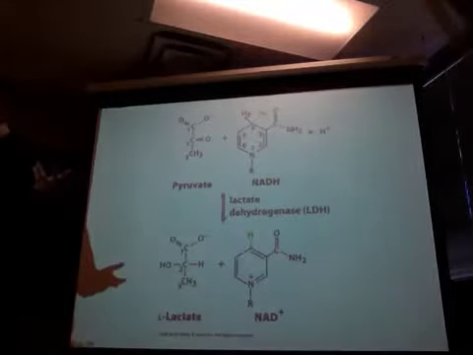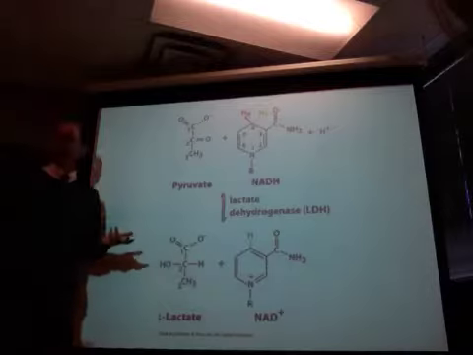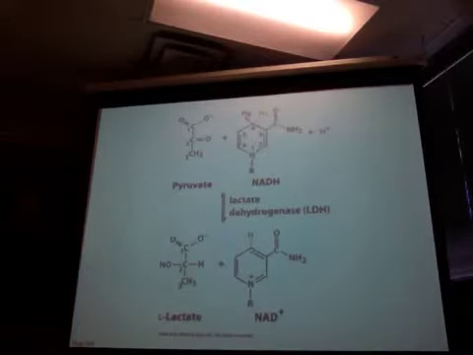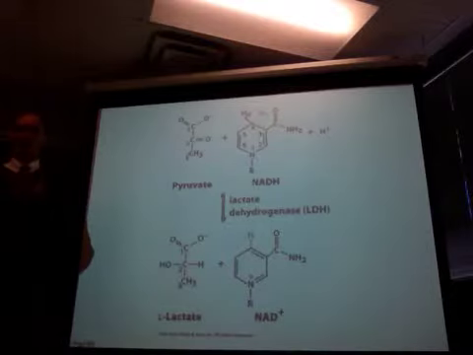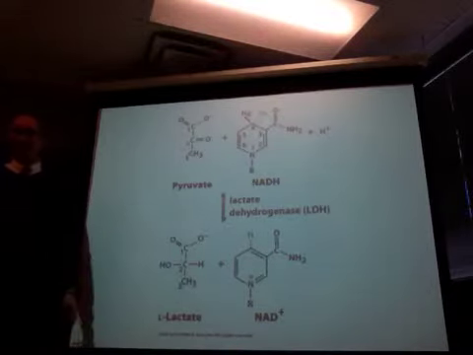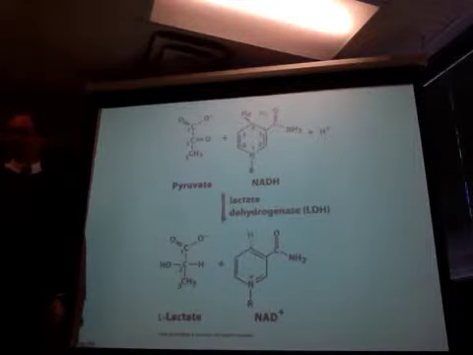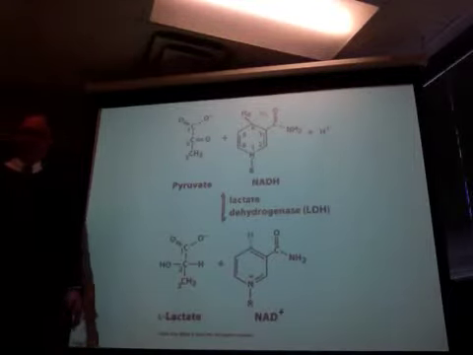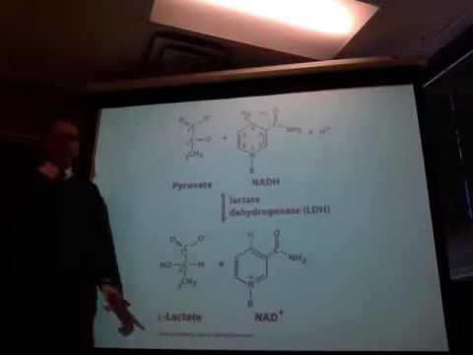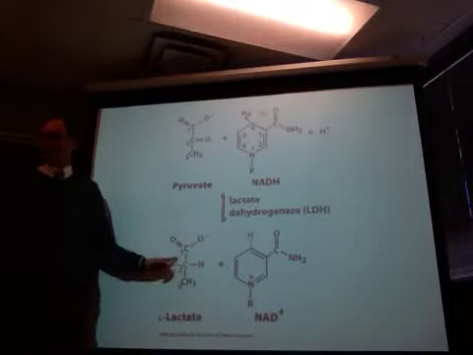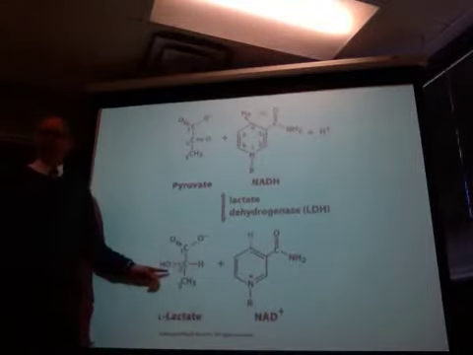Our muscle cells do, at least in limited ways, but it's not that efficient. So what you're feeling when you get to the top of the stairs, or when you're running 400 meters, or when you feel the Jane Fonda burn when you're doing your aerobics, right?